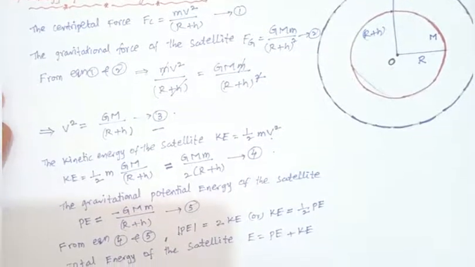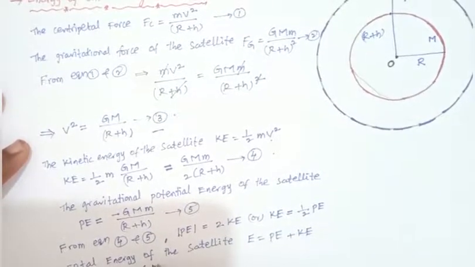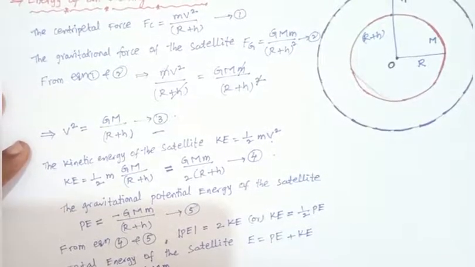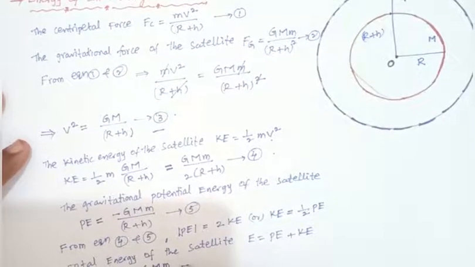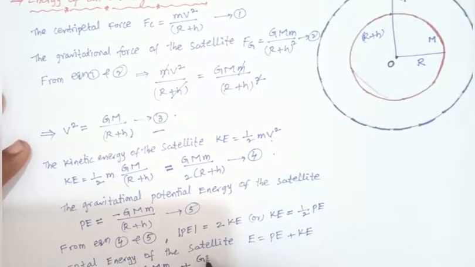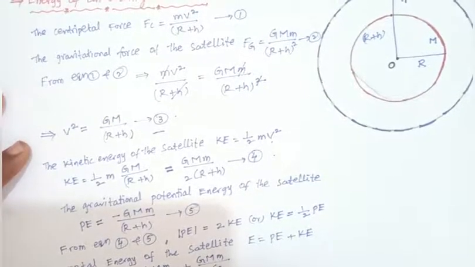So what is the expression here? Total energy equals potential energy, minus G capital M small m by R plus h, plus kinetic energy, which is G capital M small m by 2 into R plus h.